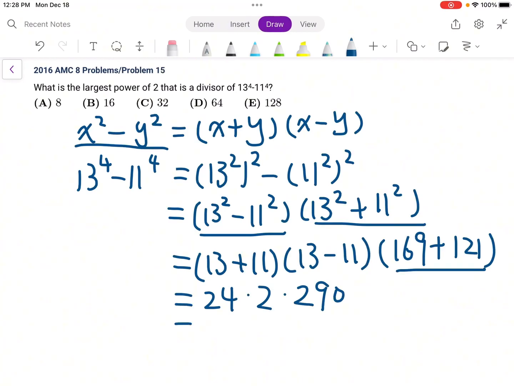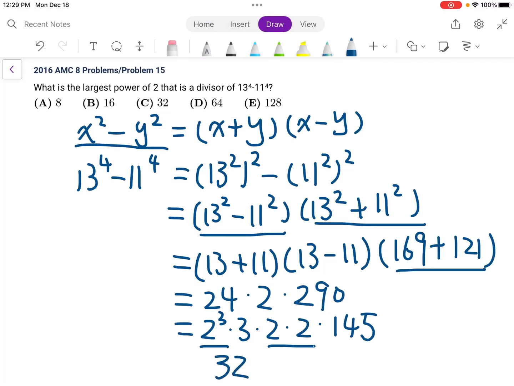And that equals 2 to the power of 3 multiply 3 multiply 2 multiply 2 multiply 145. So now there are 2 to the power of 3 multiply 2 multiply 2, and that equals 32 in total. So the largest power of 2 is 32.